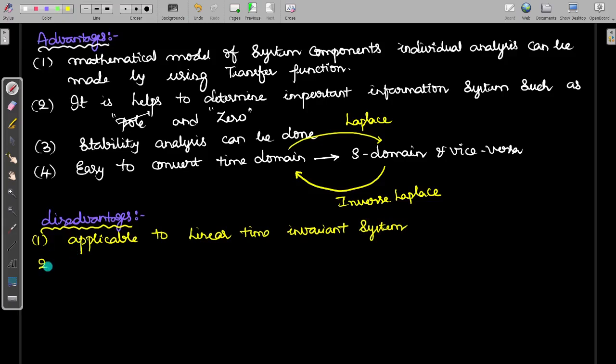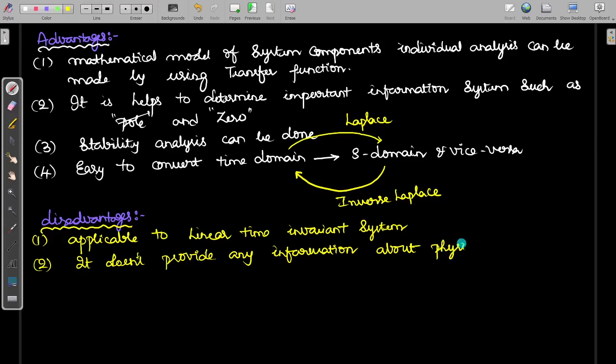Second, it does not provide any information about the physical structure of the system.